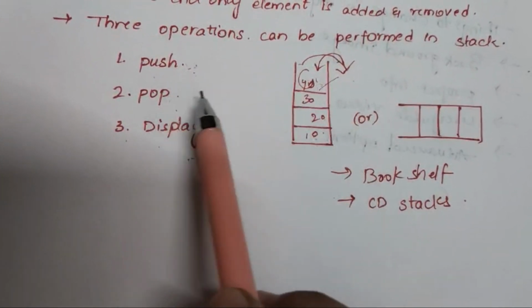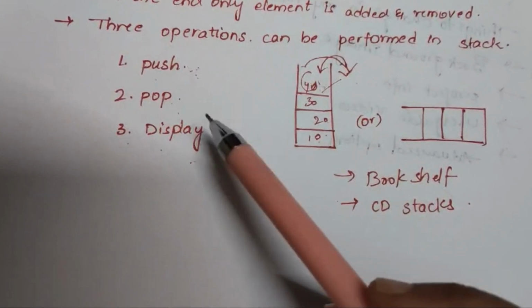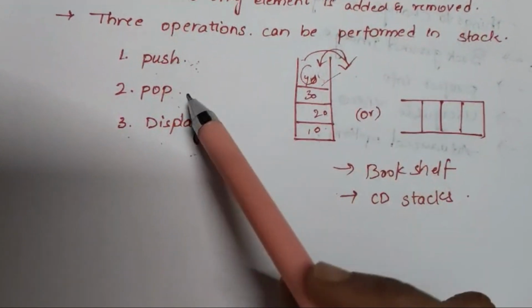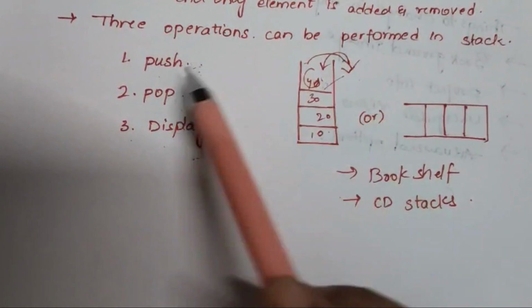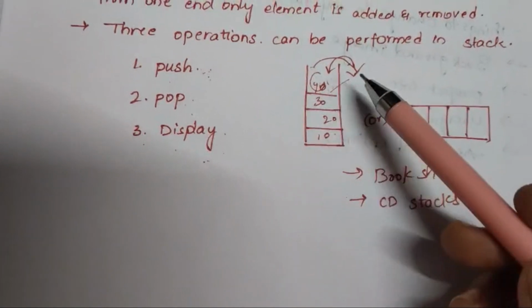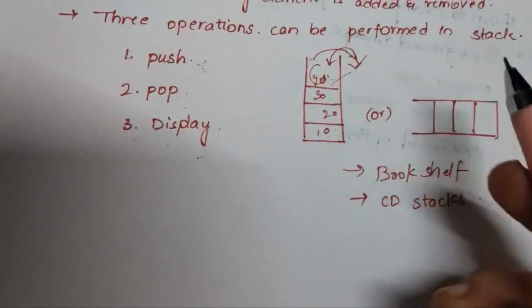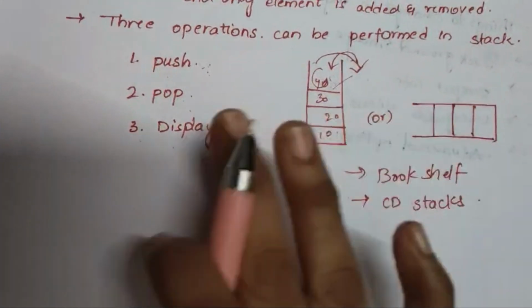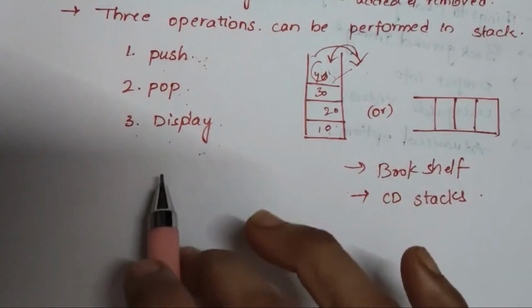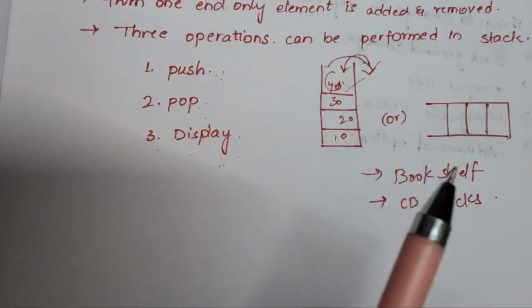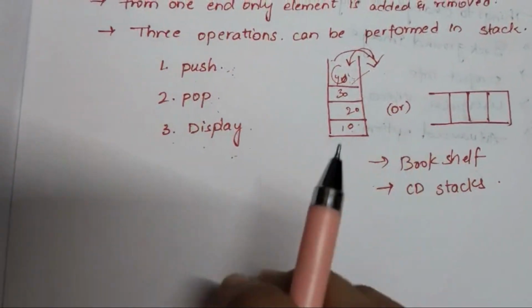If the stack is empty, it can show the message as no element to pop. If it is not empty, then elements will be present, right? You need to remove that. Pop operation will be performed, removing the elements. For displaying the elements in the stack, you can use the display operation.